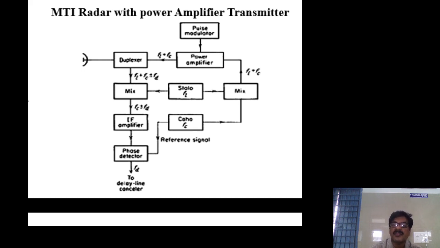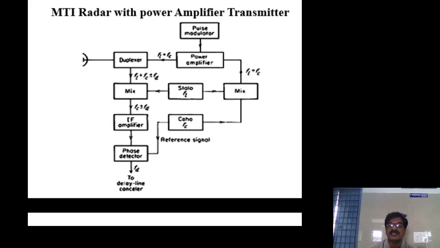Then when the signal is received or collected by the antenna, the duplexer applies this echo signal to the receiver mixer. This is the receiver mixer. The echo signal has the frequency of the transmitted signal. If the target is a moving target, a frequency shift is added, referred to as the Doppler frequency shift.